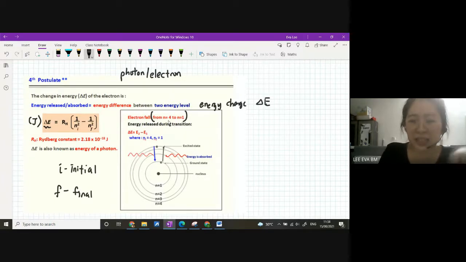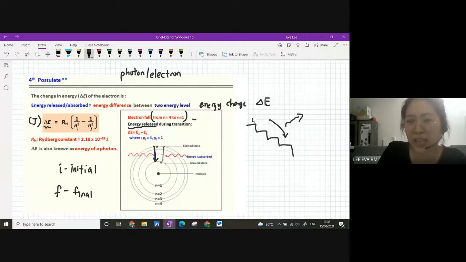So bila kita cakap N4 higher energy level to N1 lower energy level, this actually means energy is released. Why do we say energy is released? When you fall from higher energy level to lower energy level, energy is released. Madam bagi contoh kalau kita turun tangga, you're going down from the steps, energy will release over here.